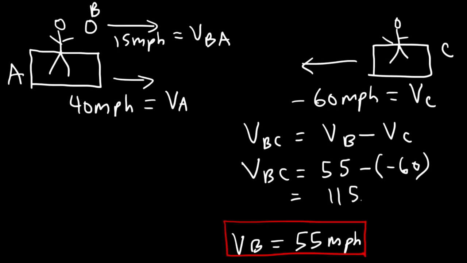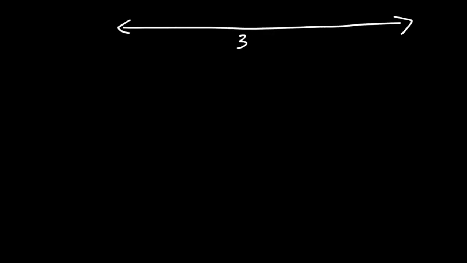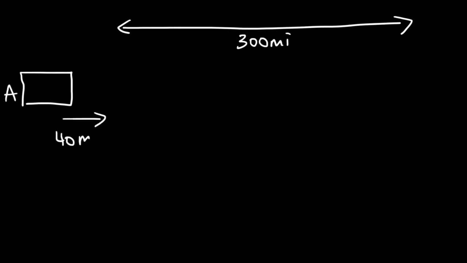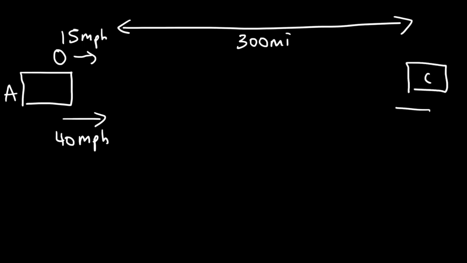So now let's make sense of everything. Let's say the two cars are 300 miles apart, and car A is moving at 40 miles per hour, and the ball is moving at 15 with respect to car A. And then car C is moving at 60 miles per hour.